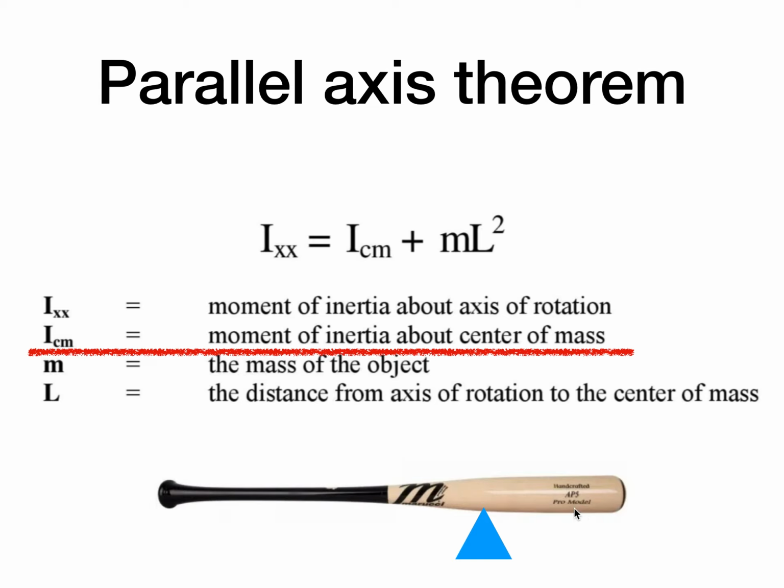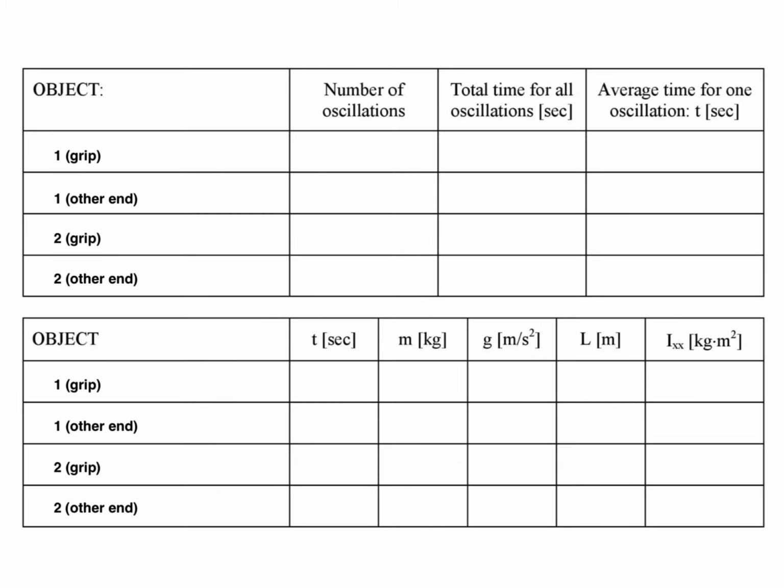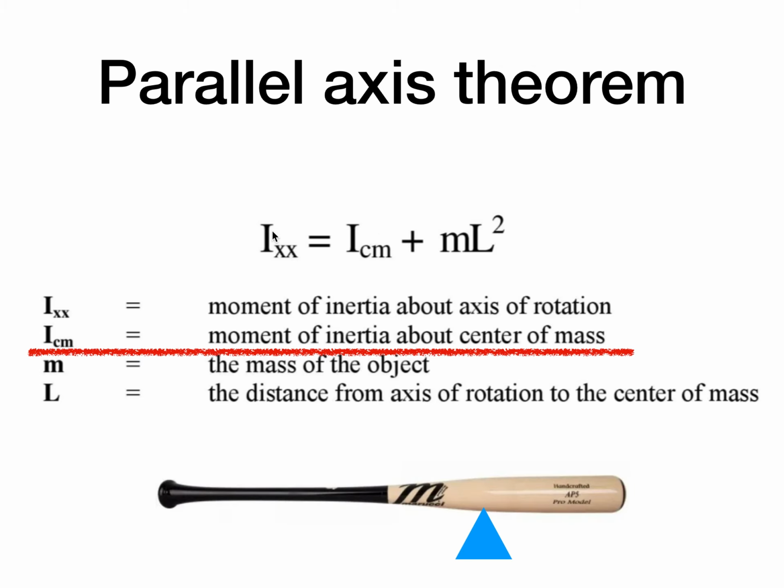So for today's lab, we have Ixx in the equation here, right? And then we just want to calculate ICM. So we know from the axis of rotation to the center of mass, which is L here, and the mass of the object. Then we can calculate ICM.